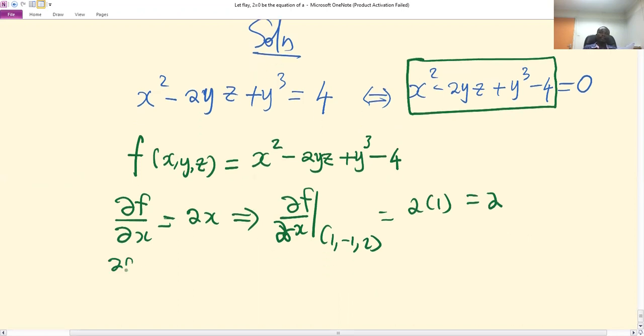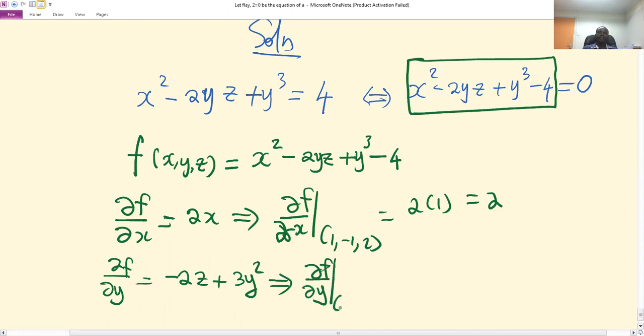And then partial f, partial y will give us minus 2z plus 3y squared, which means partial f, partial y at 1, minus 1, 2 is minus 2 times 2 plus 3 times minus 1 squared. So minus 4 plus 3 is minus 1.